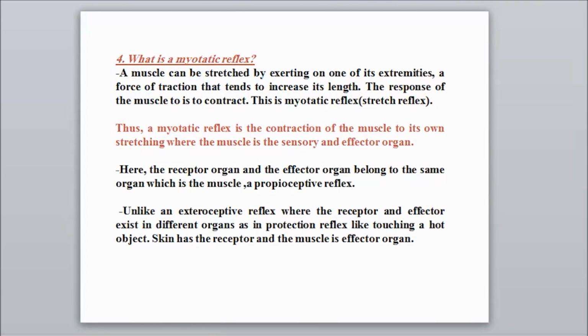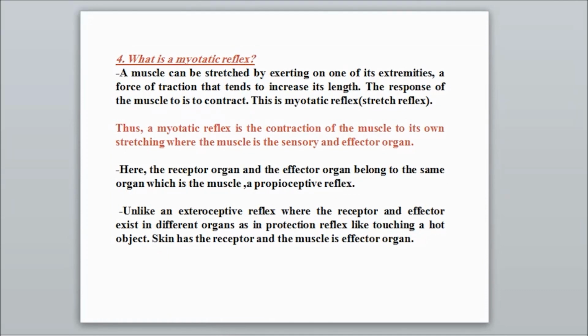First, we have to know what a myotatic reflex is, and this is the document found on slide 7. It is observed that when a muscle is stretched by pulling or by applying a load, it will respond by contracting.